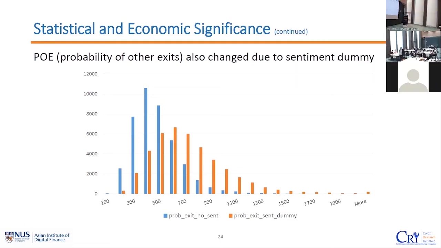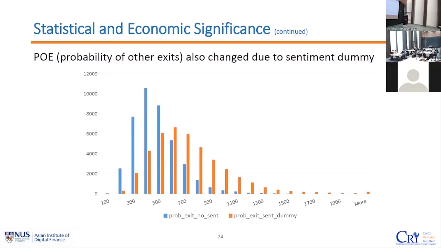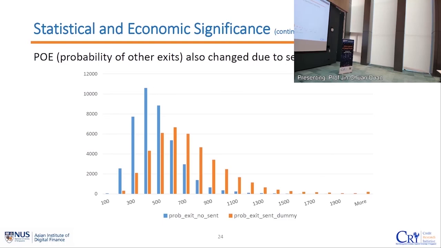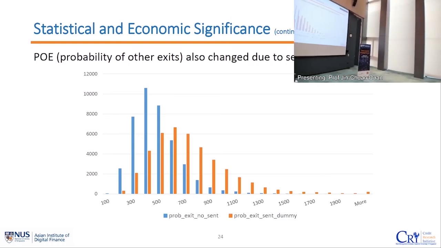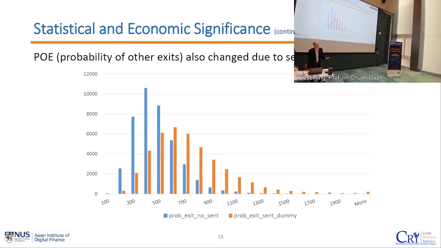So anyway, this is just a prelude to the sentiment analysis. I'm just convincing you that this sentiment analysis is actually quite meaningful. I was very pleasantly surprised. If the result were insignificant, I wouldn't be surprised, because those structural variables are very informative anyway.